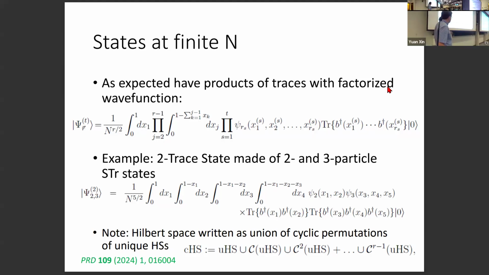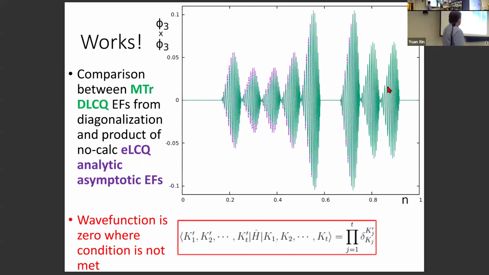And what I've done based on previous work is actually that I've simplified this a little bit and wrote this on a Hilbert space that's really the union of cyclic permutations of the unique Hilbert spaces that would actually give you fairly complicated expressions.